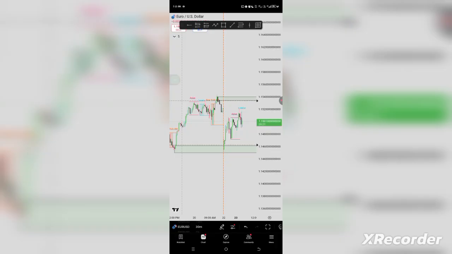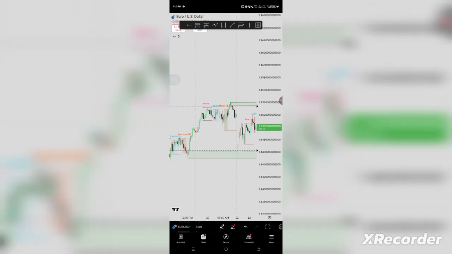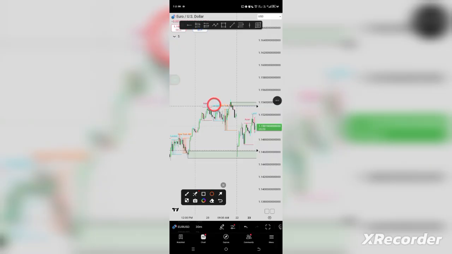But liquidity tends to form in the Asian section, and price tends to take out liquidity of the Asian high or Asian low. If you look at our previous charts, London section took out liquidity from the Asian high and came back here to take out the Asian low liquidity.